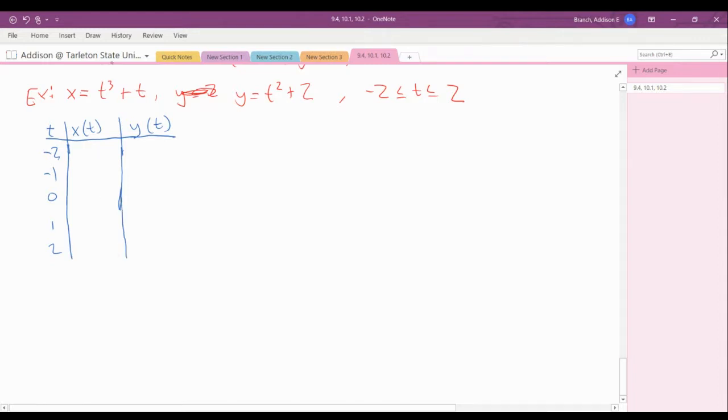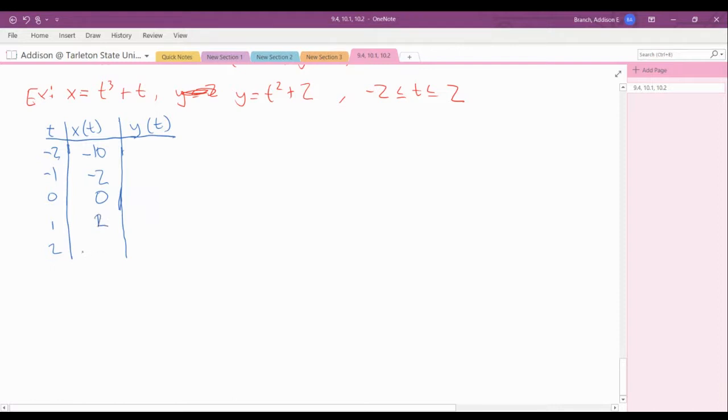All right, so if we plug -2 into our x equation, we get -2 cubed, so -8, plus -2, so we get -10. If we plug -1 into x, we get -1 cubed minus 1, so -2. Plug in 0, we get 0 plus 0. For 1, we get 1 cubed plus 1, so 2.